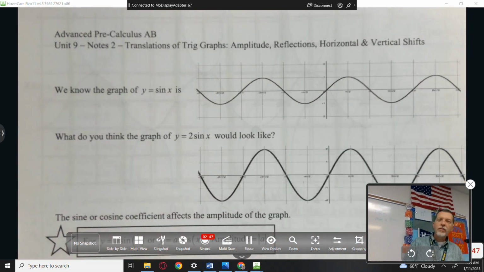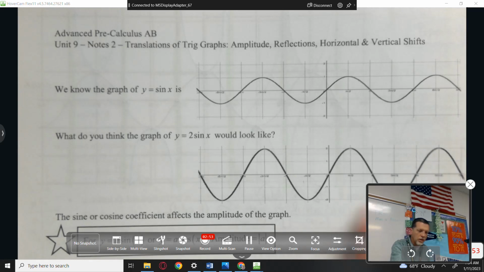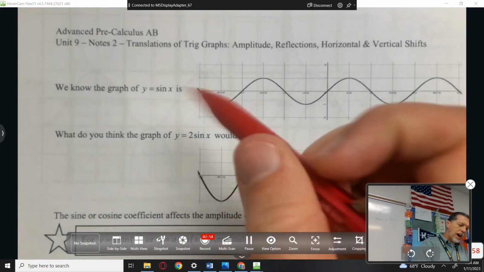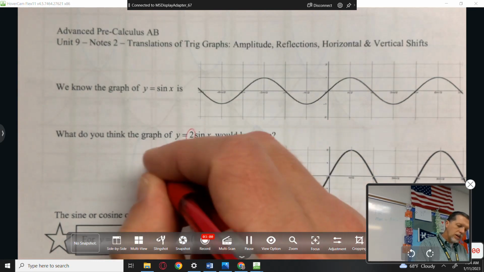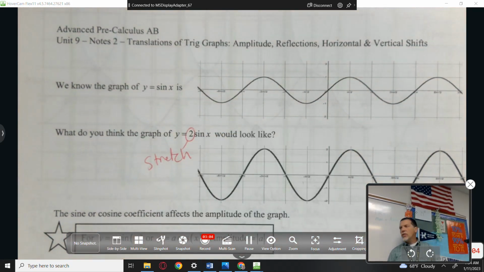But the graph of 2 sine of x, I think it does, or at least I hope you would figure out that that's what it would look like. So how would you describe the effect of that 2? A stretch. Be careful. I would be careful saying it's the new maximum.